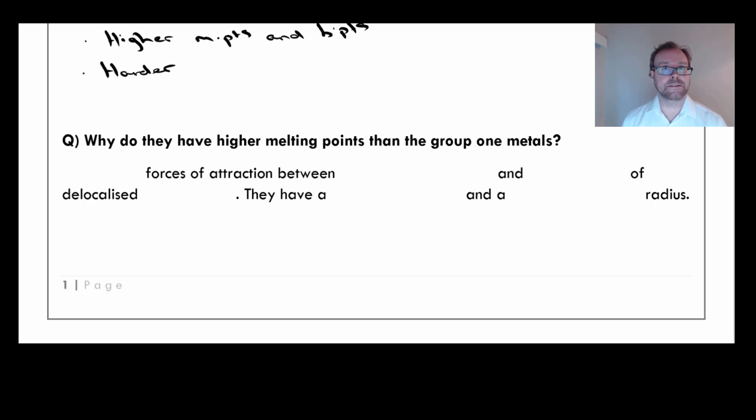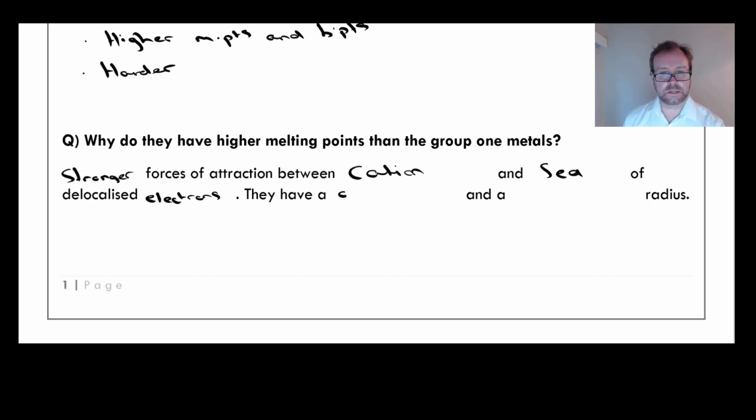I'll see if you can answer it. If we were going to answer this, we would say that they have stronger forces of attraction between the cation and the sea of delocalized electrons.